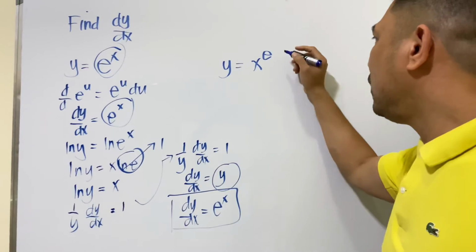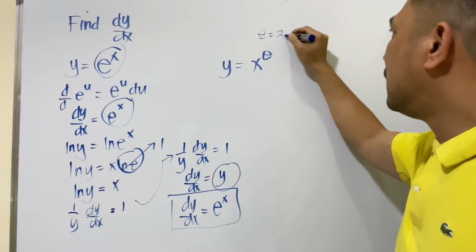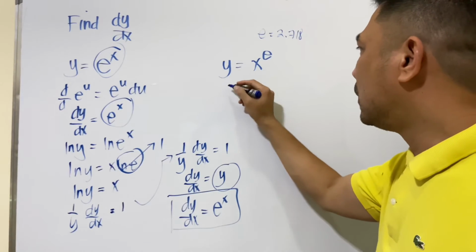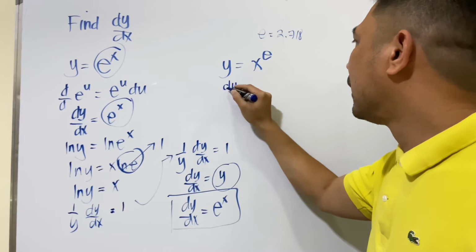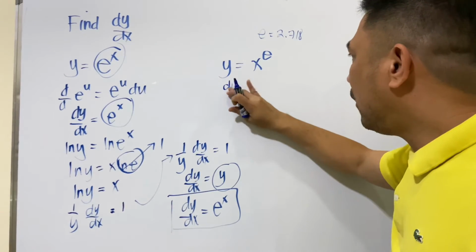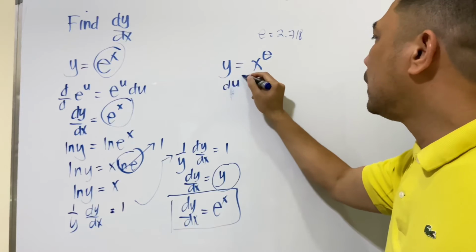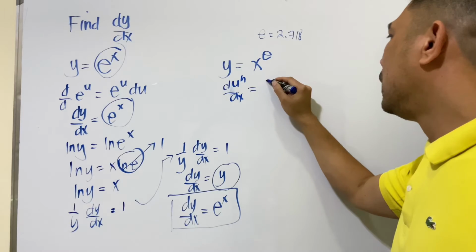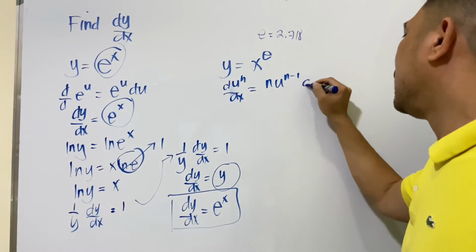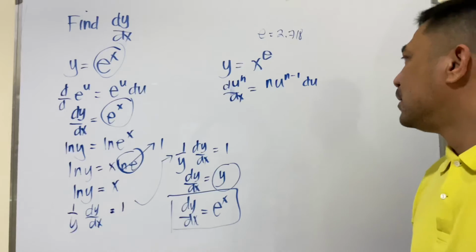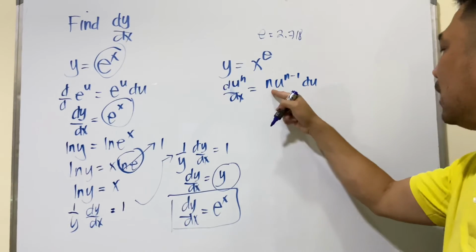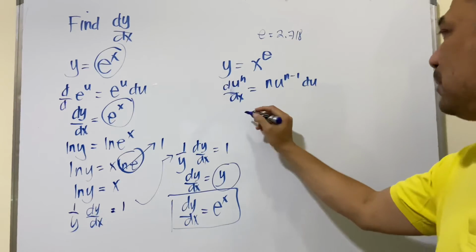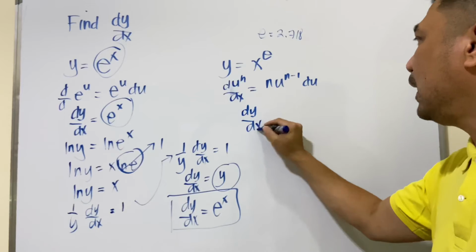The value of e is approximately 2.718. If we apply the power rule, the derivative of u raised to n over dx is equal to n u raised to n minus 1 du. This is our general formula. So e here is the exponent.